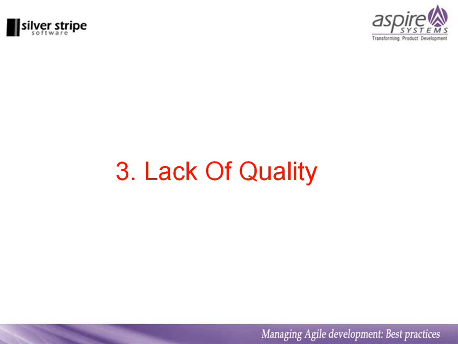And the third big problem is a lack of quality. Again, we've been talking about how traditional processes defer testing right to the end. And this is a big problem because by that time a lot of things are set in stone. Whereas with Agile, we do quality right from day one. Every sprint we are talking about working features being developed.